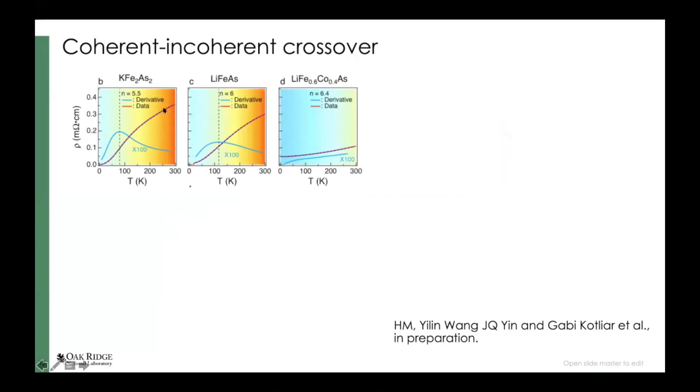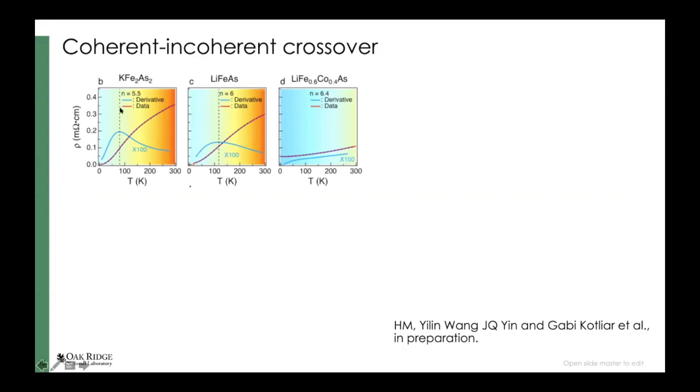So we can always define an artificial coherent-incoherent crossover, which is the peak position of the first derivative of resistivity right here. And you can track the coherent-incoherent crossover temperature change as a function of filling number.